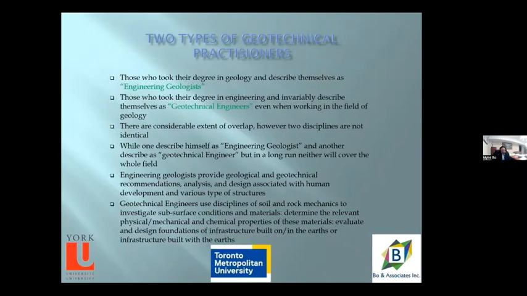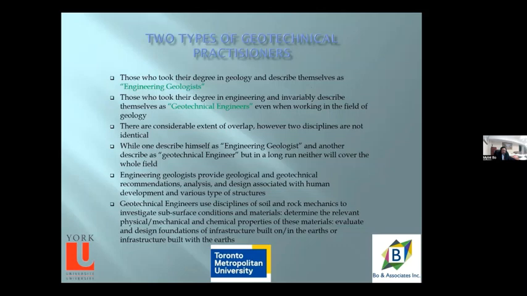There are two types of geotechnical practitioner. One is those who took their degree in geology and describe themselves as engineering geologists. Another is those who took their degree in engineering and invariably describe themselves as geotechnical engineers, even when working in the field of geology.